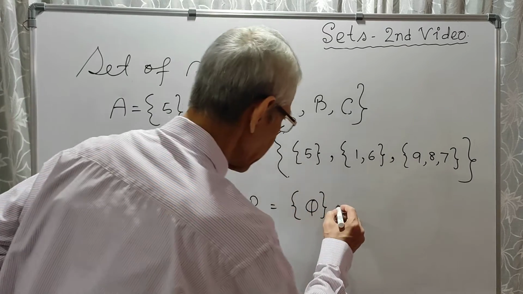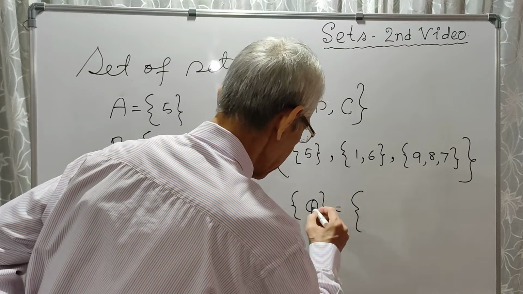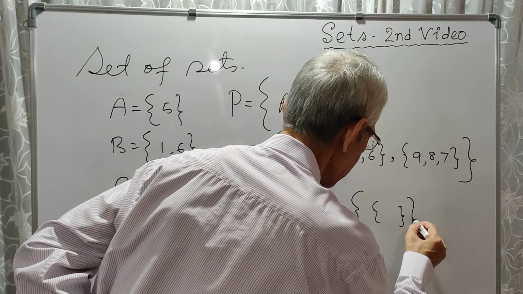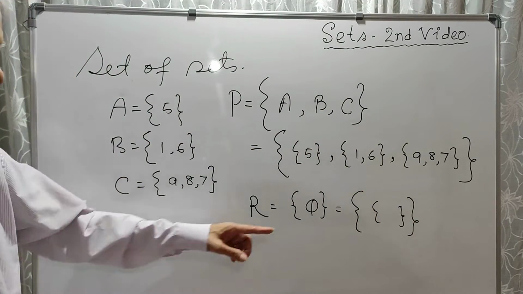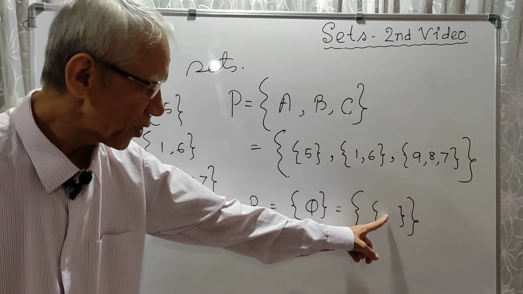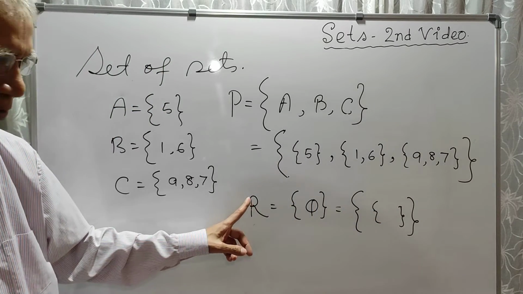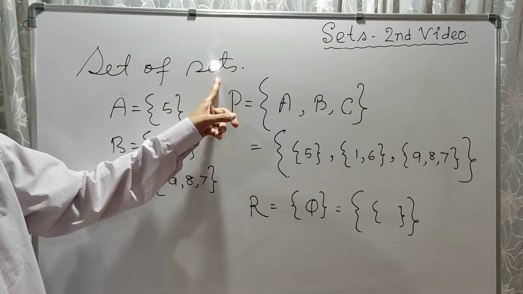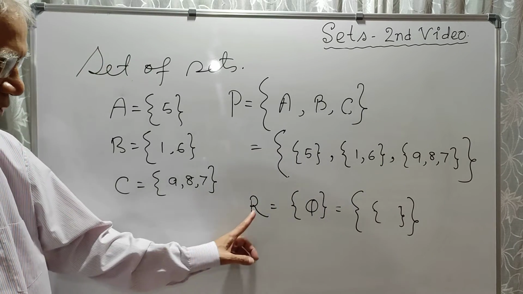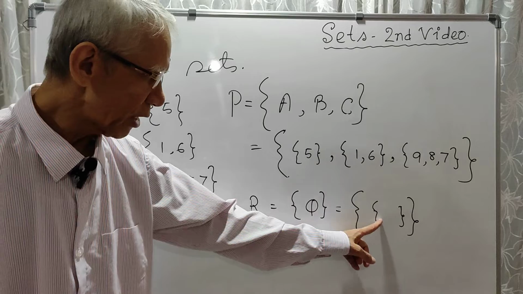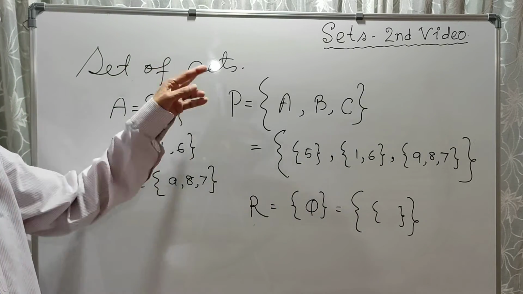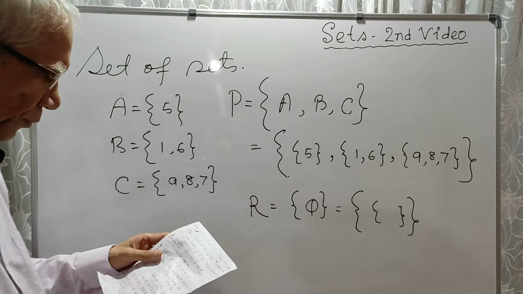If you want to expand it, the null set is this one without any element. So R is a set of the empty set or null set. This set has only one element, phi, therefore it is also a singleton. But it is a set of sets.